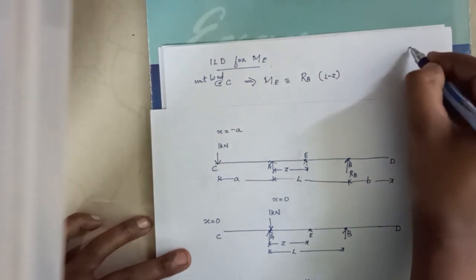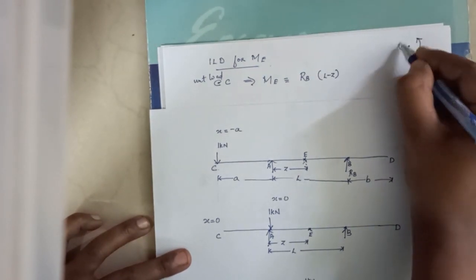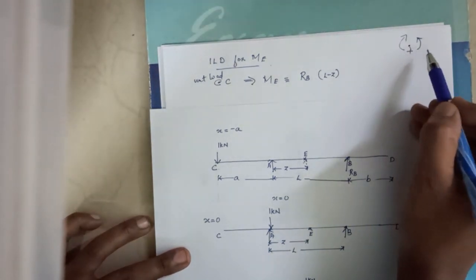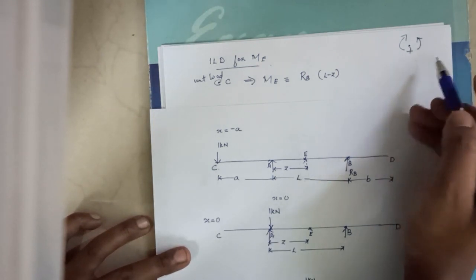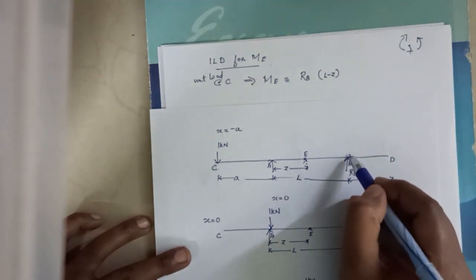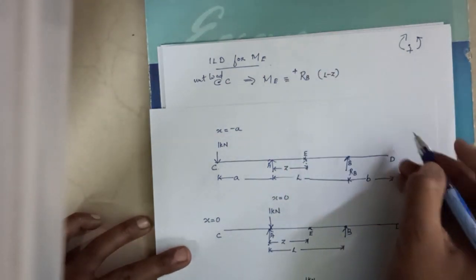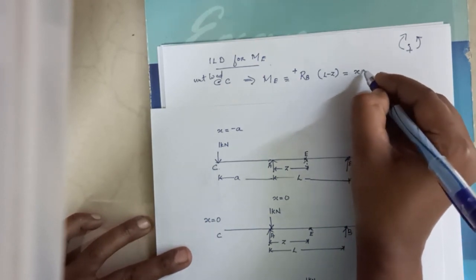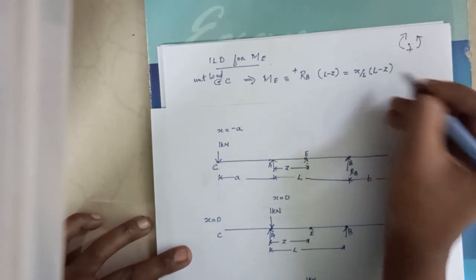Sign convention. Okay. Right side of the section, anti-clockwise moment will be in positive nature. Here the moment will be in anti-clockwise nature. So plus RB into L minus z. We know that the RB value is equal to x by L. So x by L into L minus z.